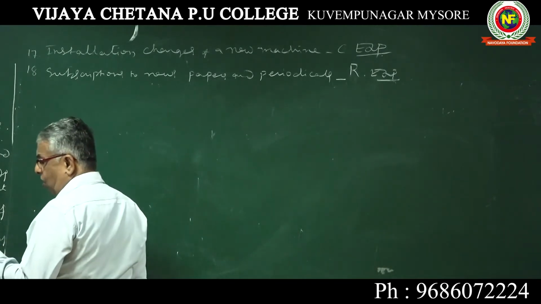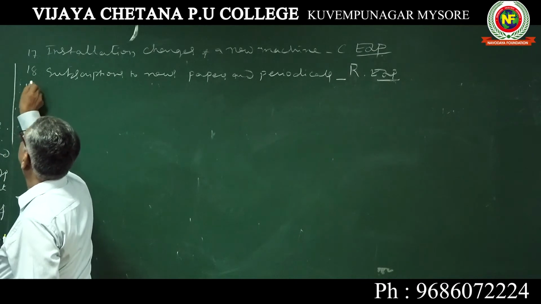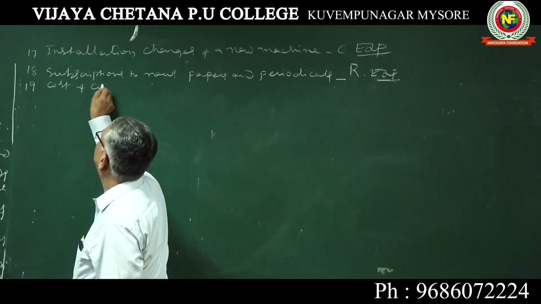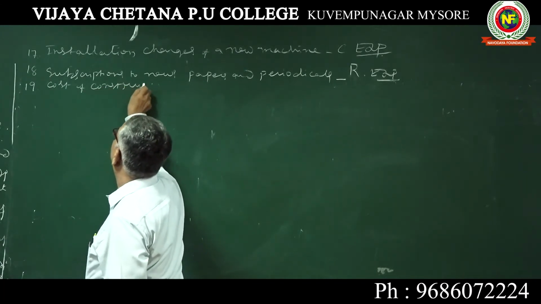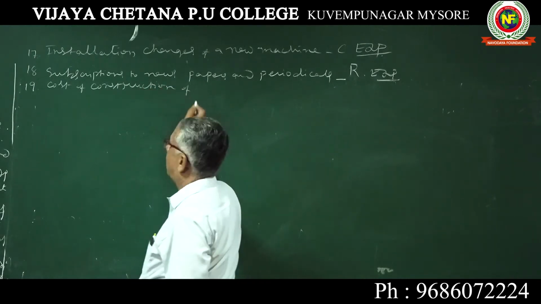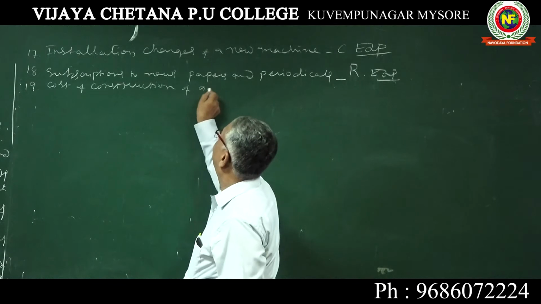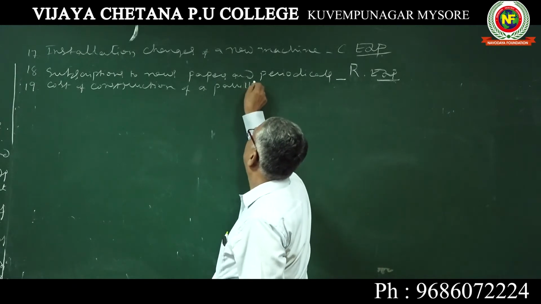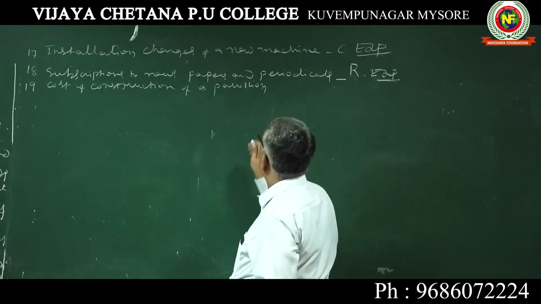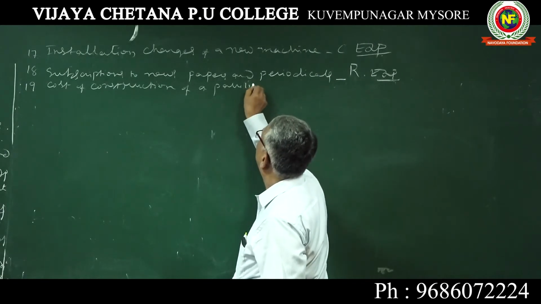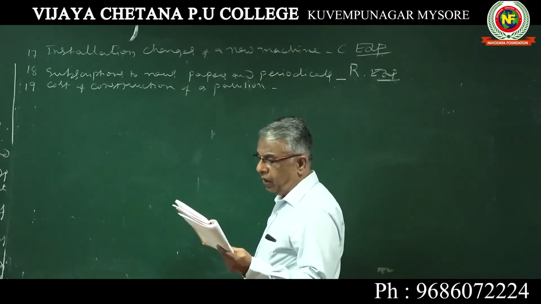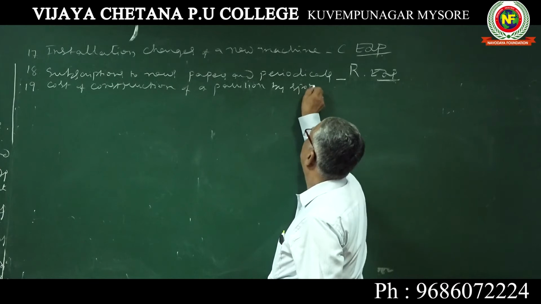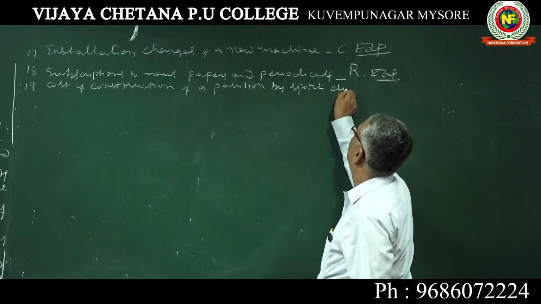And the 19th one is cost of construction of a pavilion by a sports club.